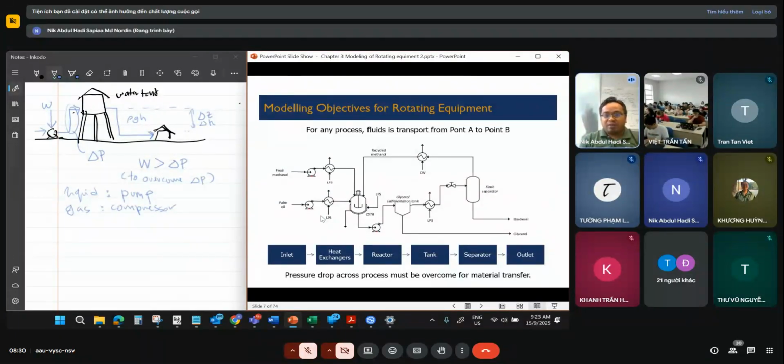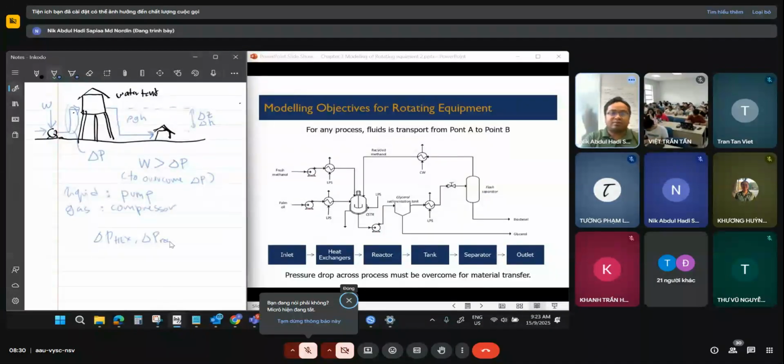All of this equipment, whether it is a pipeline, heat exchanger, or reactor, everything shown here would have a pressure drop. We have delta P of the heat exchanger, delta P of the reactor, delta P of the tank, which means we need to supply work more than all of these delta P combined.